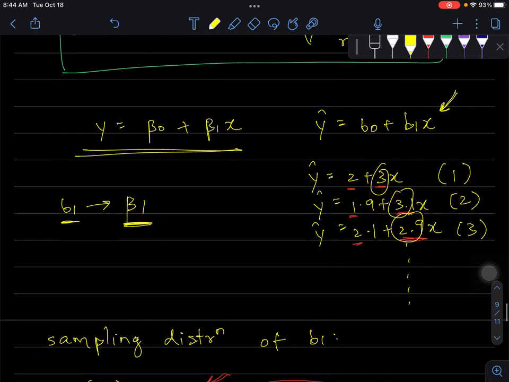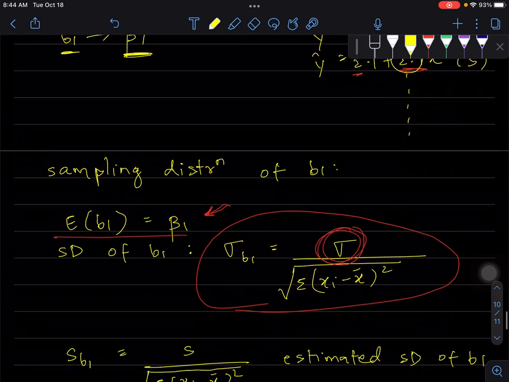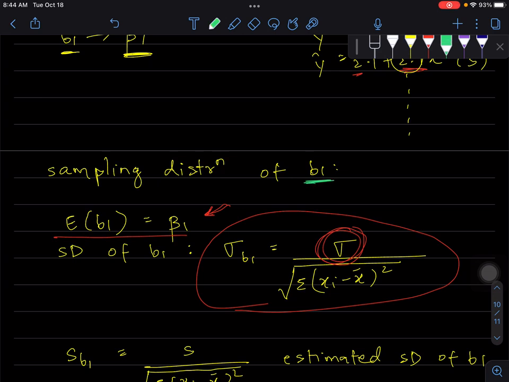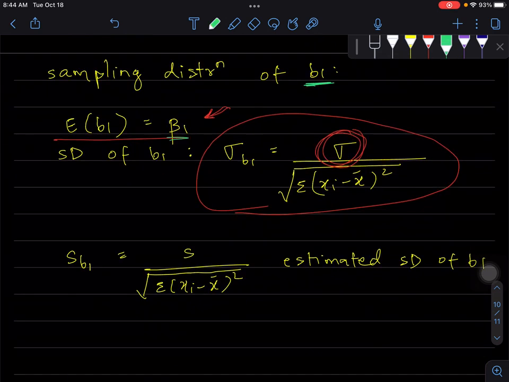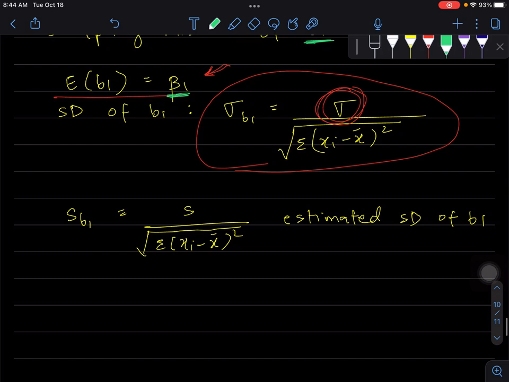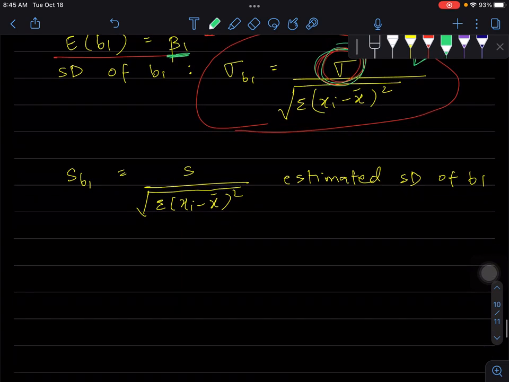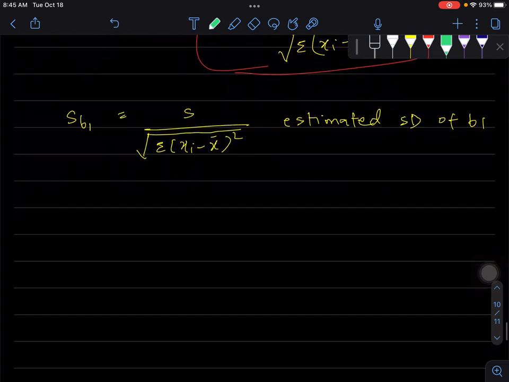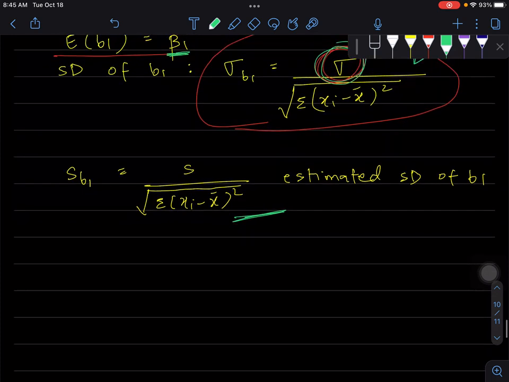It is to try and understand the distribution of b1, right? The expected value is beta 1, the standard deviation is given by this equation here, and because we don't know what sigma is, we're going to find another estimator for sigma. This is the estimator of sigma, s_b1. It's also called the estimate.